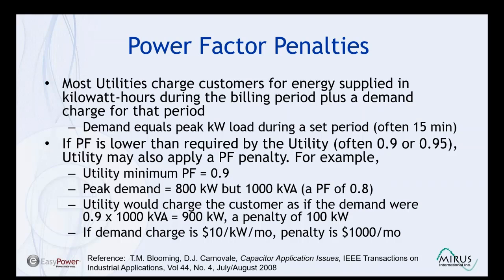Utilities will often do their demand charge as if the power factor was 0.9 and not 0.8, calculating it based on a 0.9 power factor on 1,000 kVA, which would be 900 kilowatts. So they'll apply the demand charge at 900 kilowatts instead of 800 kilowatts, which is a 100 kilowatt penalty. If the demand charge is something like $10 per kilowatt per month, then that penalty is $1,000 per month, which is very significant.